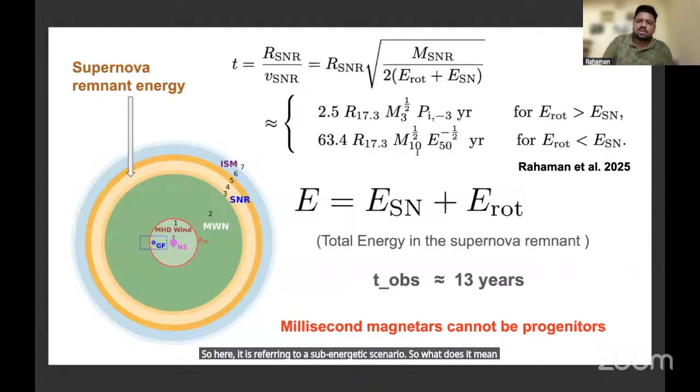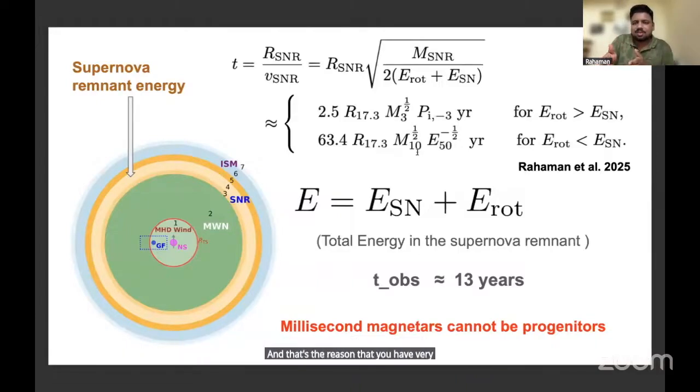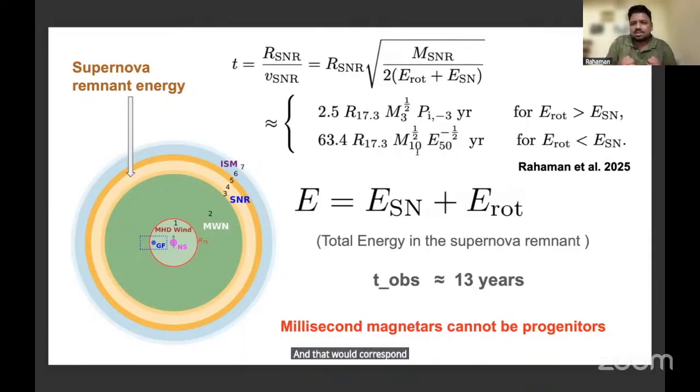You saw for the millisecond magnetar, you actually had a very rapid expansion of the remnant. And that's the reason that you have very little time, given the compact source size, to actually reach that size. But now, consider a scenario where the expansion velocity of the remnant is very low, which would correspond to a supernova explosion energy of around 10^50 erg and a mass in the range of 10 solar masses, which will give you a very slow expansion velocity.